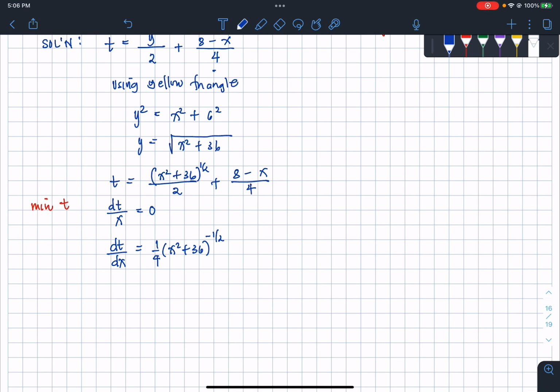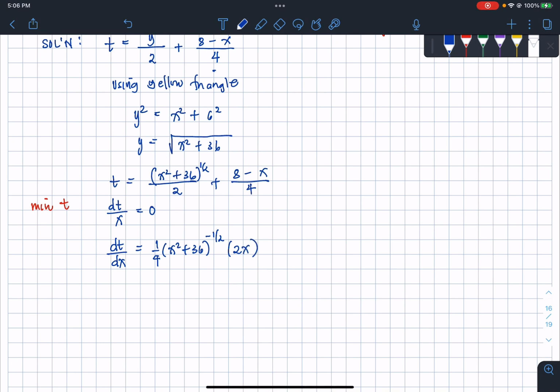And then we derive x squared plus 36. This would be by chain rule, right? So we just have 1/2 times 1/2, which is 1/4, x squared plus 36 raised to negative 1/2. 1/2 minus 1 is negative 1/2. And then we derive x squared plus 36, so that would be 2x.